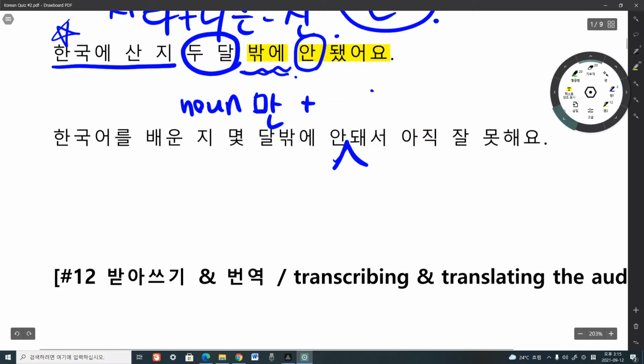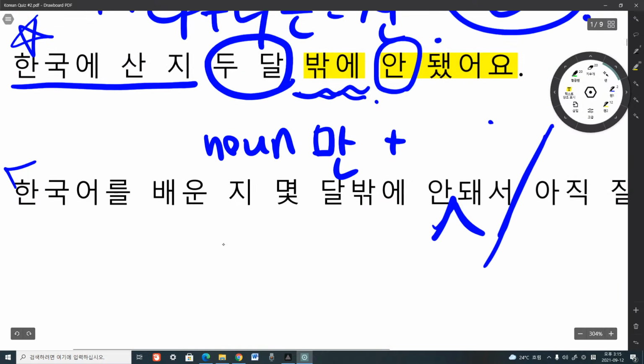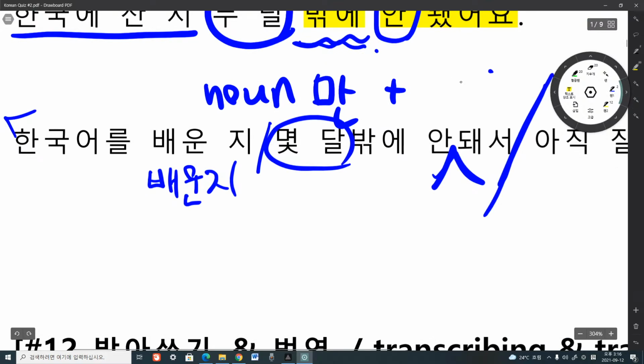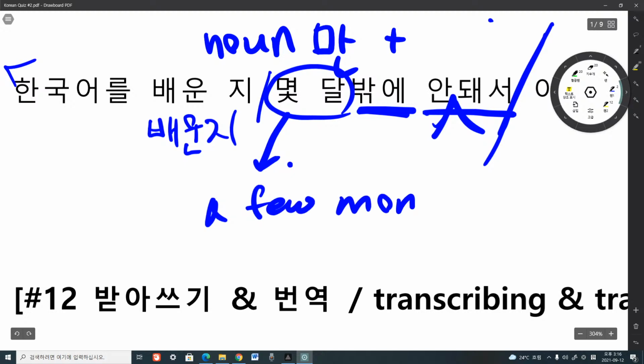한국어를 배운 지 몇 달밖에 안 돼서. So I think from here to here, it's not that difficult to translate, right? 한국어를 배운 지, since I started learning Korean, 배우다 plus ㄴ 지, right? 몇 달밖에 안 돼서, it's been only 몇 달. 몇 달 means a few months. 타가사 씨, I've only been learning Korean for a few months, so I don't know. 맞아요, 잘했어요.